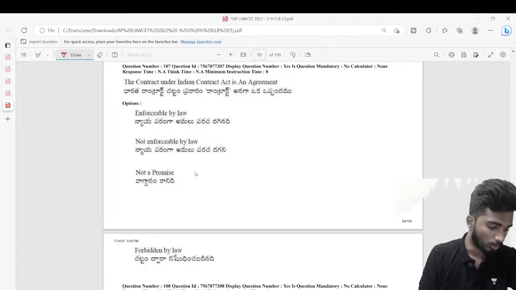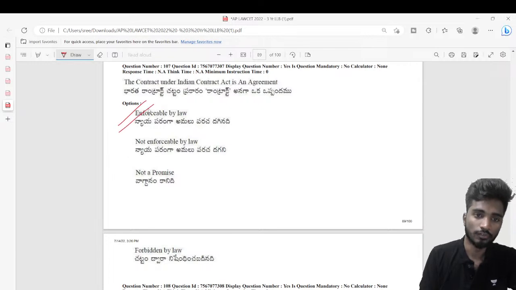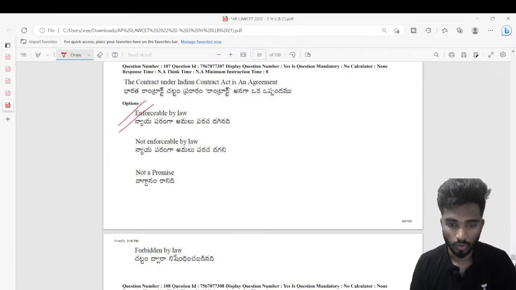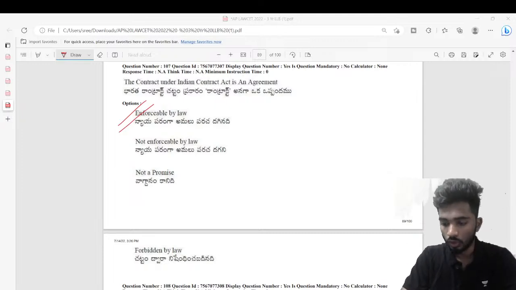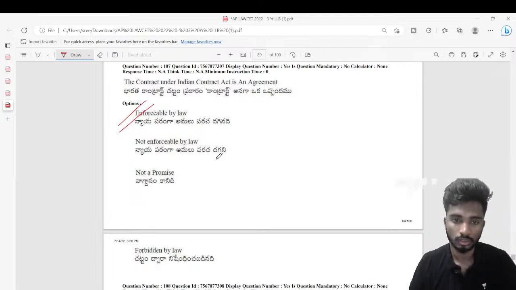Very good, excellent. So the answer is enforceable by law. For an agreement to become a contract, it should have valid consideration, the party should be competent to contract and of sound mind, and the agreement should be enforceable in a court of law.